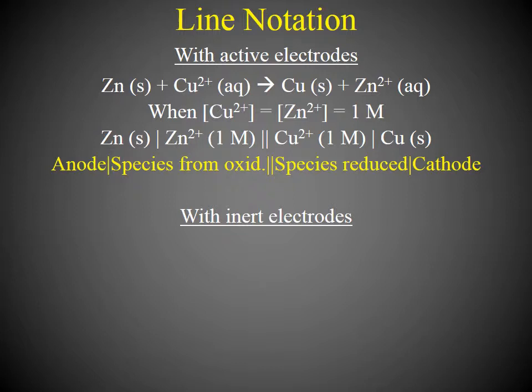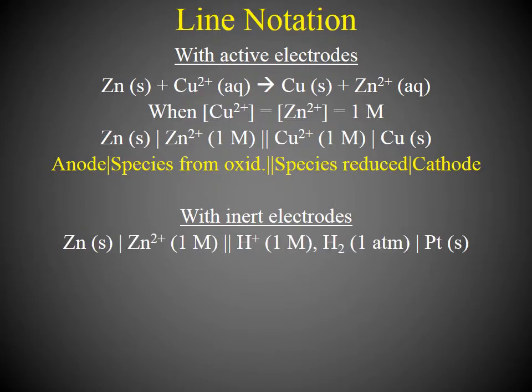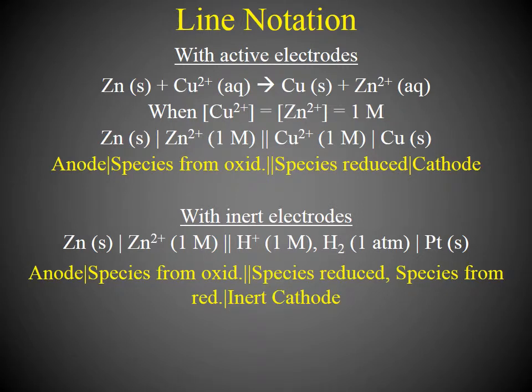When I'm using inert electrodes, I would write it a little bit differently. So let's assume that I have a reaction between zinc and hydrogen ion in acid. Well, the anode, the first part of the description, is exactly the same as before, but if I have a species that is being reduced in solution and it remains in solution, I will write the species reduced.